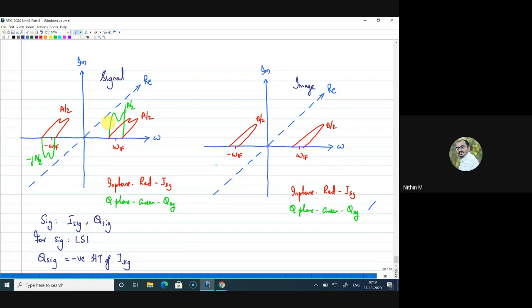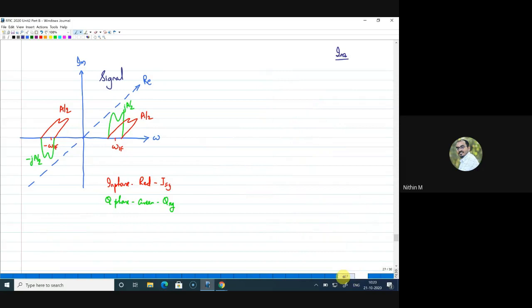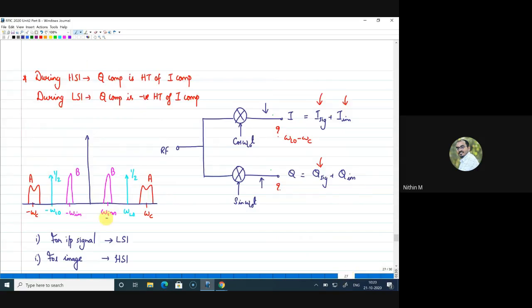Now the same thing on the image. For the image also you have an I component and a Q component. For the image it was HSI, right? How am I telling that it is HSI? Referring back to the previous slide, for the image it is HSI, and for the signal it is LSI.